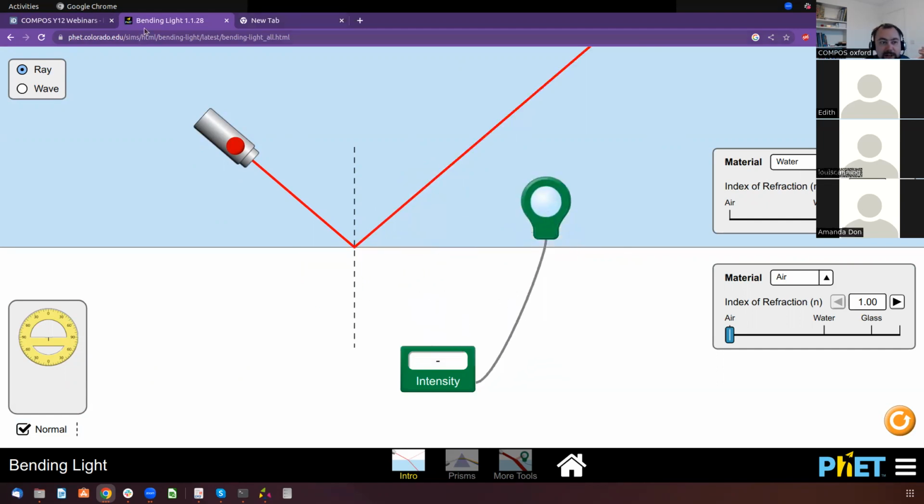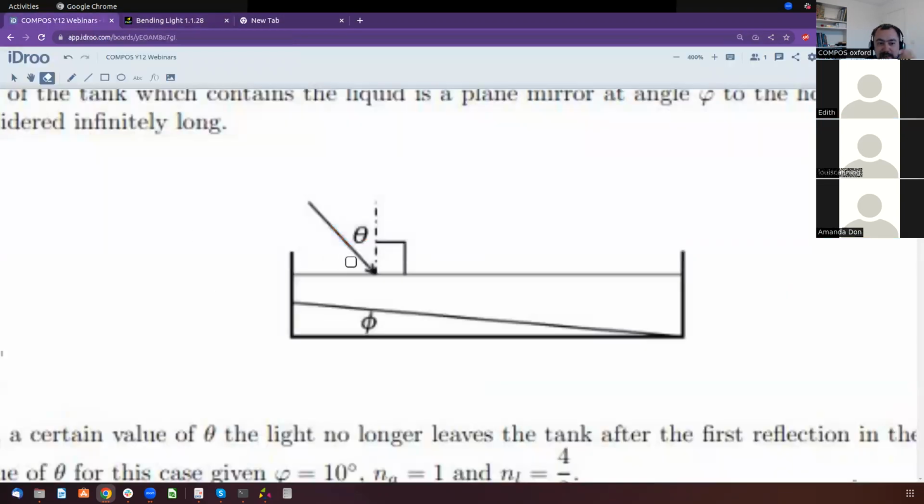So when you see diagrams where light is refracted along the boundary, it doesn't actually happen. You have reflection, and we say the refracted ray goes along the boundary. It doesn't really happen. What actually happens is it just reflects back like this. It will keep bouncing forever.